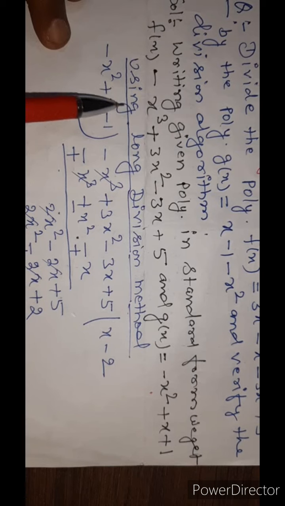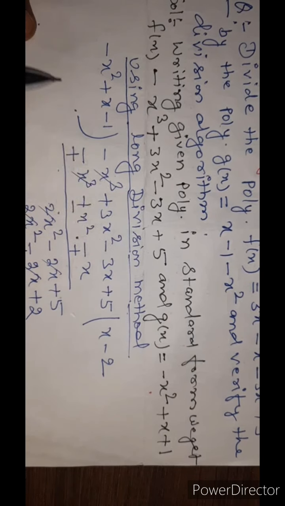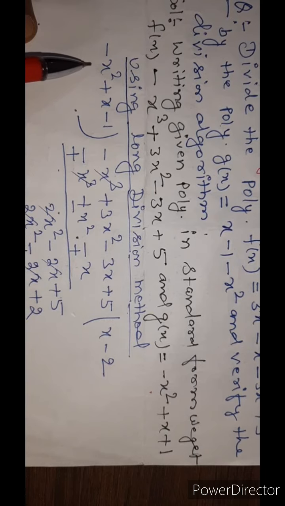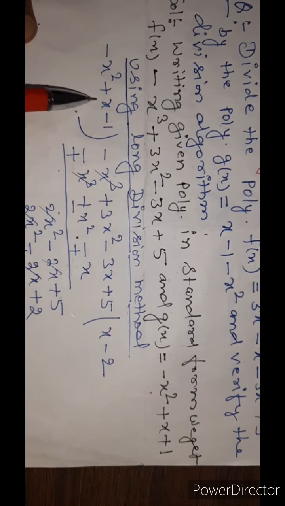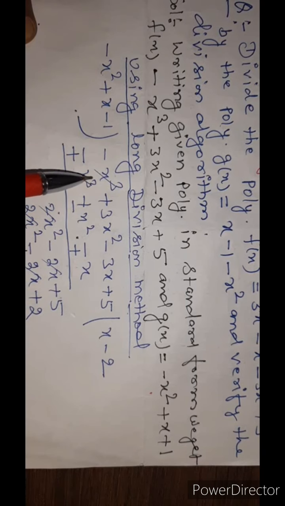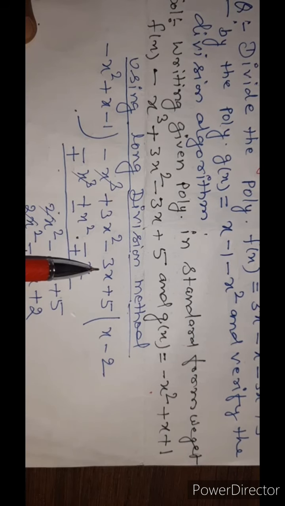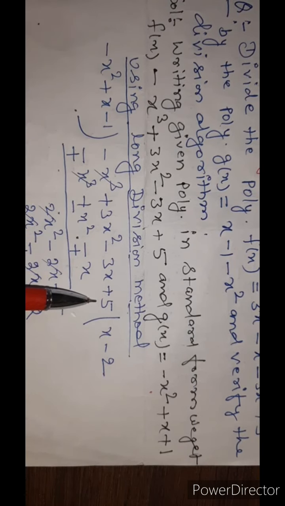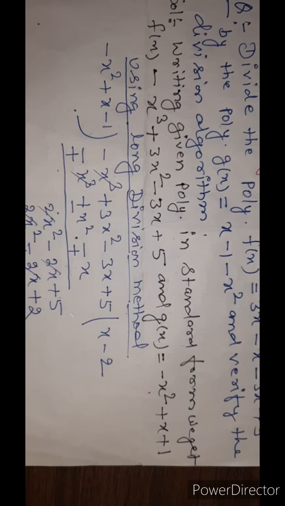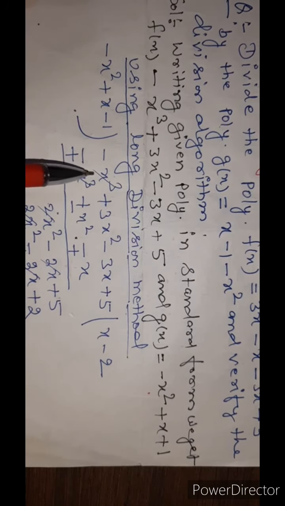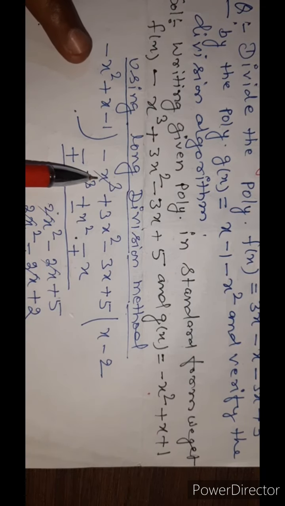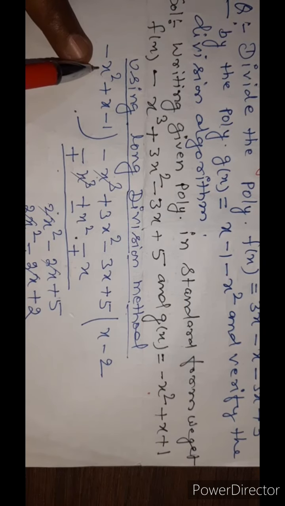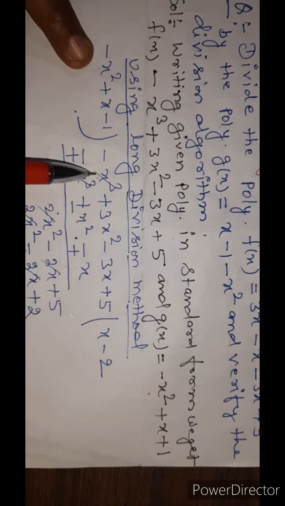Using the long division method, here the divisor is minus x square plus x minus 1 and the dividend is minus x cube plus 3x square minus 3x plus 5. Now first of all, student, you have to see by which number we will multiply minus x square such that we can get minus x cube.